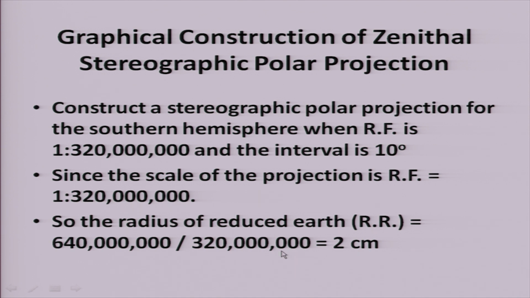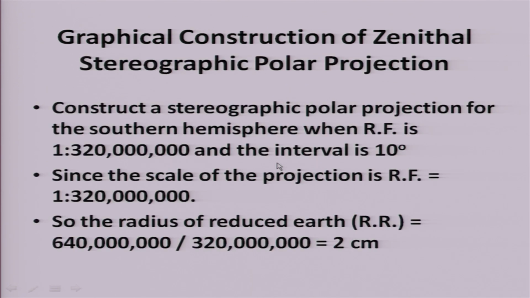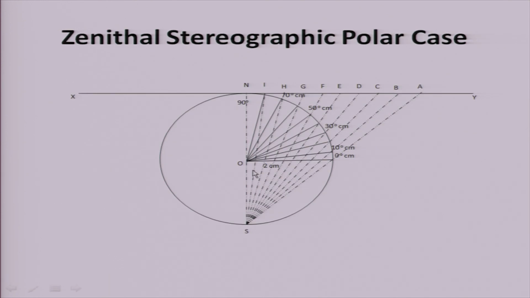And then the radius of reduced Earth would be 2 centimeters again, and then we draw a circle of radius 2 centimeter, and then since the interval in the question is given as 10 degree, with the help of protractor we draw 10 degree latitude, 20 degree, 30 degree, 40 degree, 50 degree, 60 degree, 70 degree, 80 degree and 90 degree latitudes.